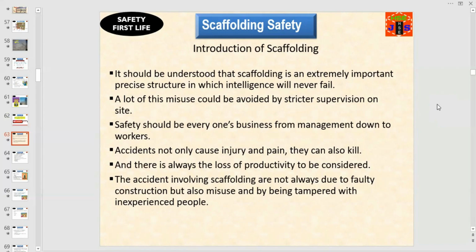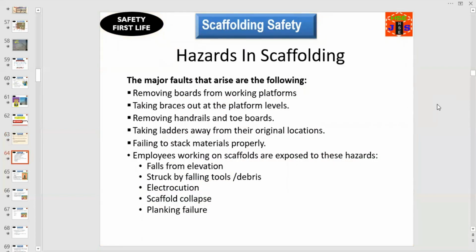The accidents involving scaffolding are not always due to faulty construction, but also to misuse and tampering by inexperienced people. Do you know what the hazards in scaffolding are?